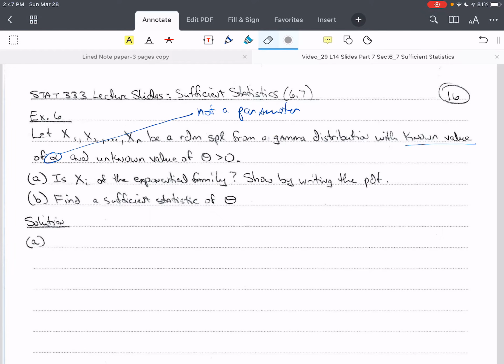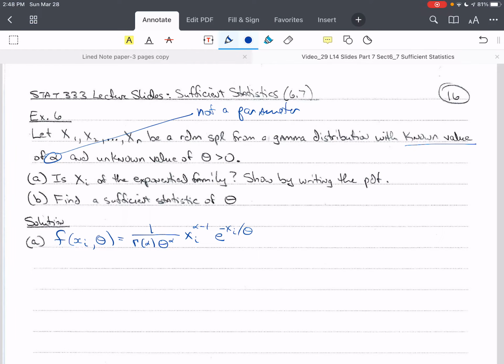We have f of x sub i given theta equals 1 over gamma of alpha, which is a constant, times theta to the alpha, times x sub i to the alpha minus 1, times e to the negative x sub i over theta, for x greater than 0, theta greater than 0.